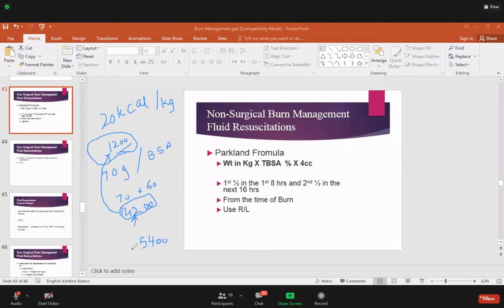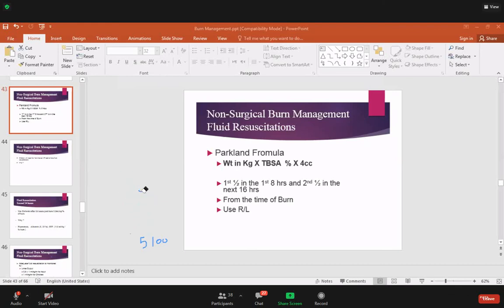It is almost a 3 to 4 fold increase now. And how much time should I give him this? This is per day. Per day, yes. Thank you, doctor. And with the passage of time, if the patient is improving, we reduce it. But this is in the initial phase, it is per day. We don't cut it short.